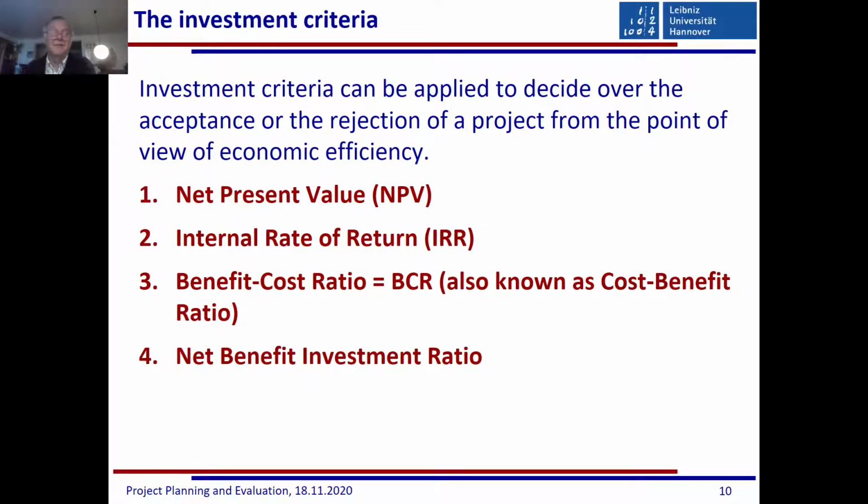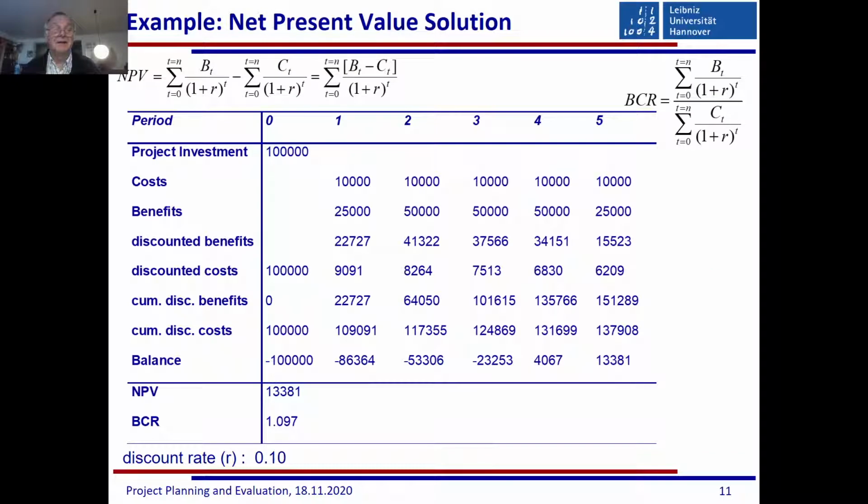It's something else, but we nevertheless add it as an additional criteria to judge the feasibility, the economic feasibility, and let's say, the attractiveness of a project, whether it should be implemented or not. So these 4, this is the one that you really need to have internalized, at least for the exam. So I go on slide 11.